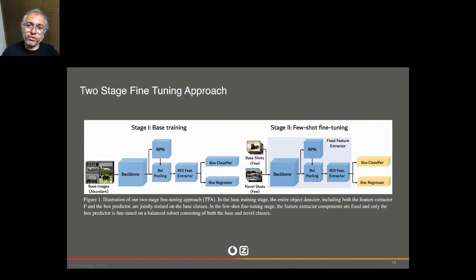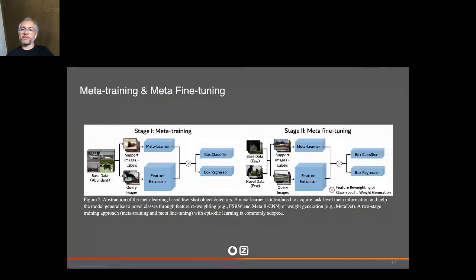Just to give you some ideas, this image is slightly the same. It shows a bit more about the meta learner and the feature extractor here, and where we have this feature reweighting to look at very class-specific weights. So when you look at the base data and the novel data, based on the feature weighting, we're going to find the similarities.